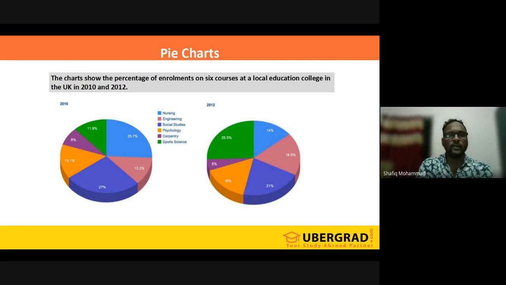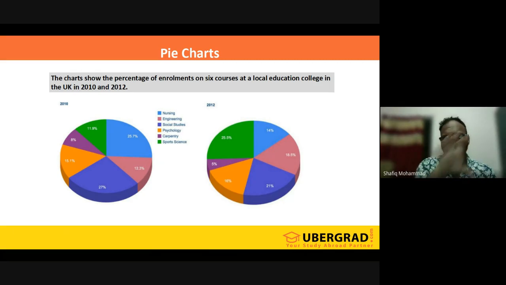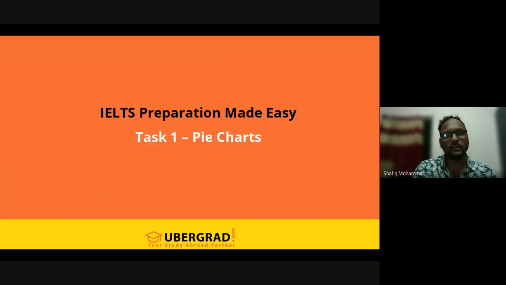That's it. So I want everyone to quickly read the question carefully. When a diagram or illustration is given, you need to check what is on the x-axis and what is on the y-axis. All these things you need to check.